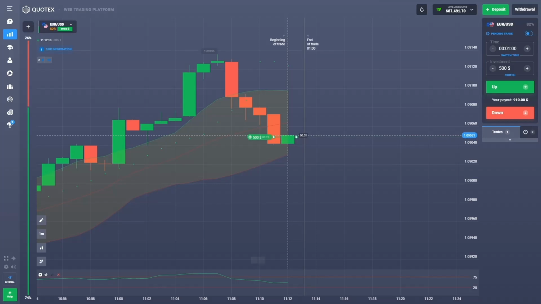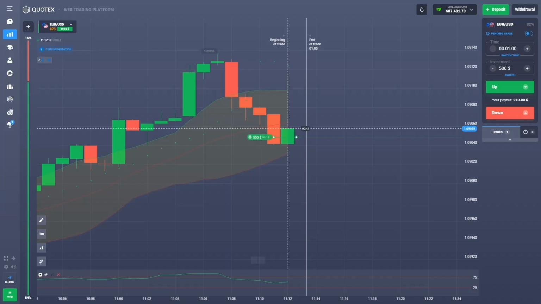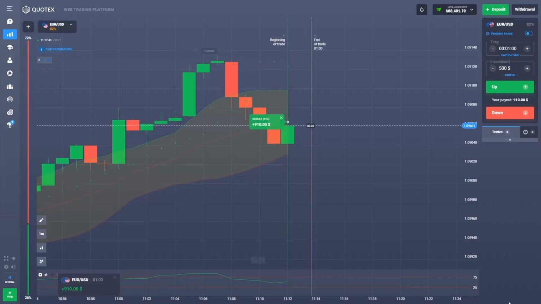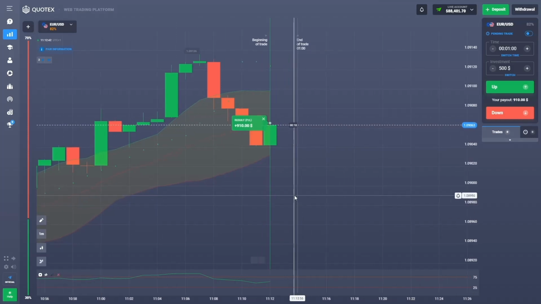Yeah, this one is going to be a green candle. I'm 100% sure. Don't worry. In the last seconds, it's going up, and I'm making some money from this trade also. Yep, as predicted, another profitable trade.